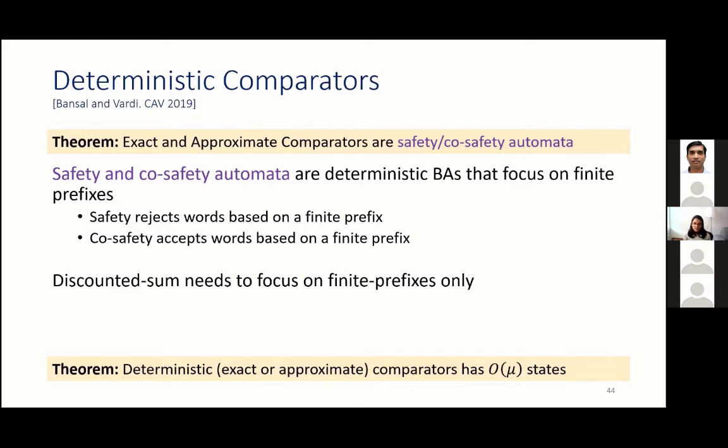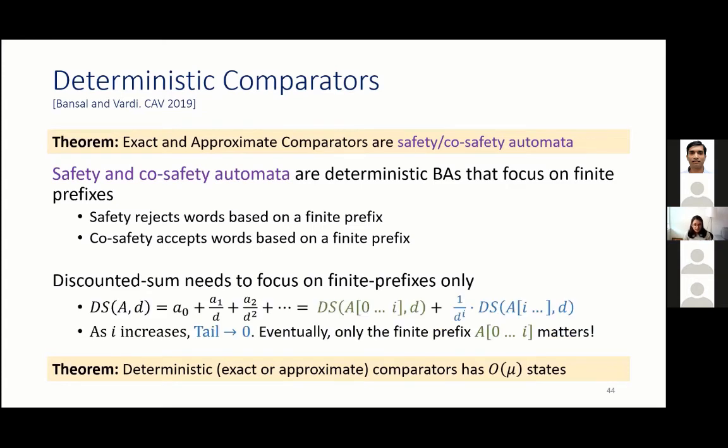The property that these automata have, without going into too many details, is that they really just focus on a finite prefix. And we observe that discounted sum also has the same property, that it is sufficient to focus on finite prefixes.